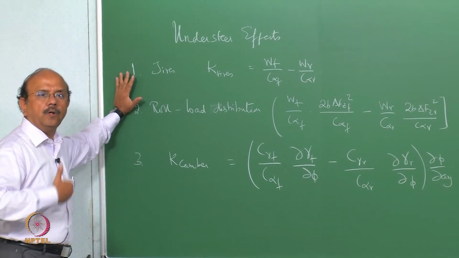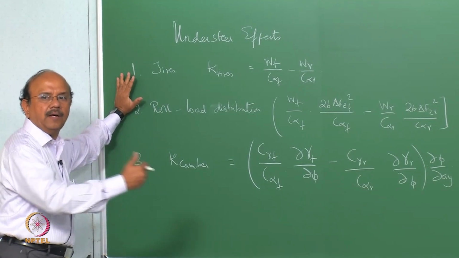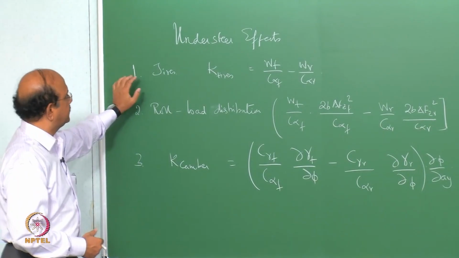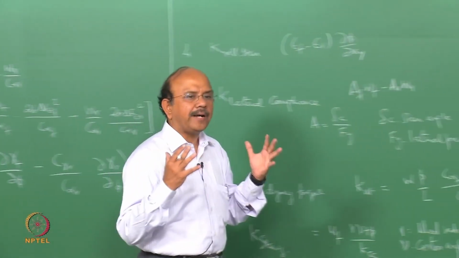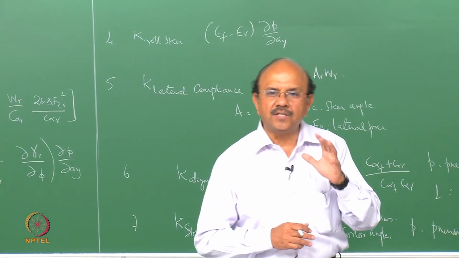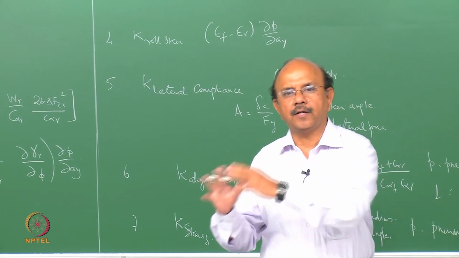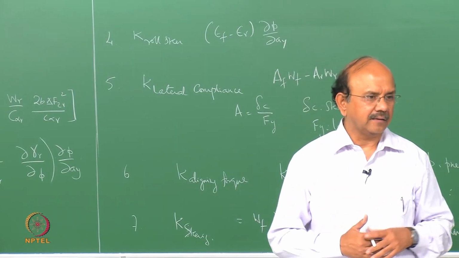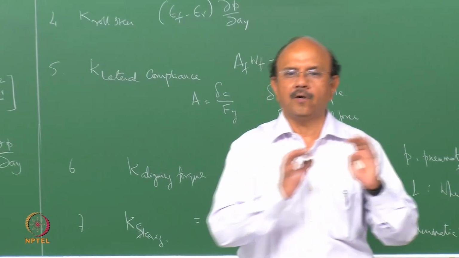In fact, the whole language of understeer gradient was talked in terms of alpha f, alpha r, and so on and so forth. So it is the first thing that we started here. When we expanded the concept of understeer gradient, remember that we were concentrating on the steering input and the corresponding behavior of the tire. In other words, whether I have to give more steering input or less steering input.